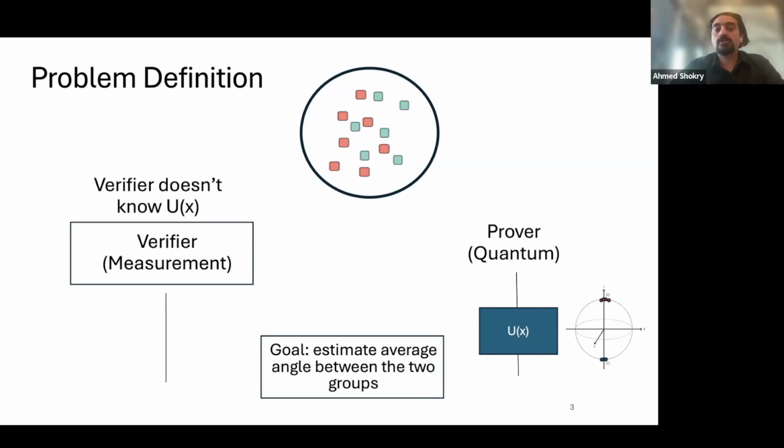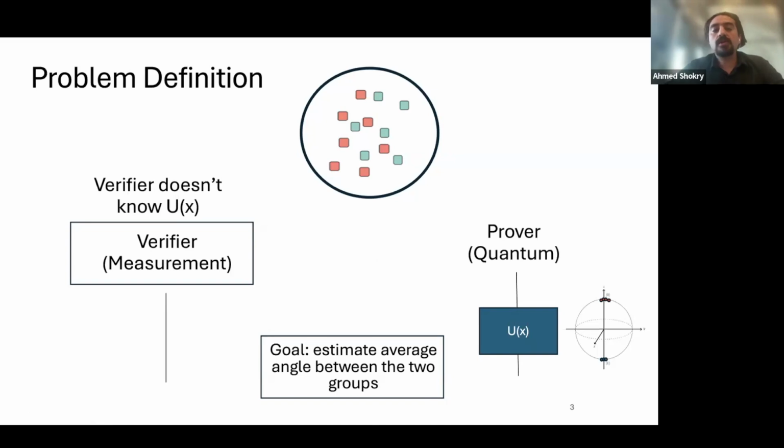For example, it cannot apply any kind of unitary. And we have a prover that is fully quantum and claims that it has a unitary U that accepts any data point and obtains the optimal encoding, and the angle between the two groups is separated with a specific angle theta, for example.